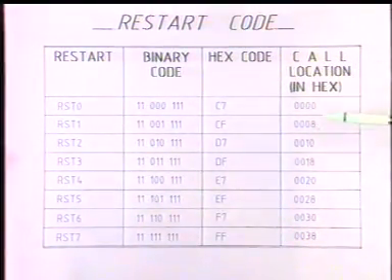Whenever there is an RST 0, it goes to location 0000 in memory. It goes to location 0008 whenever there is an RST 1. Now you see the difference here: there is always an offset of 8, and these addresses are hexadecimal. So between RST 0 and RST 1 there is an offset of 8 memory locations.